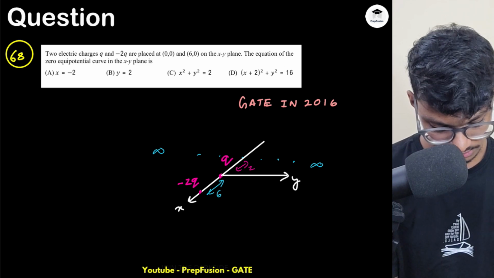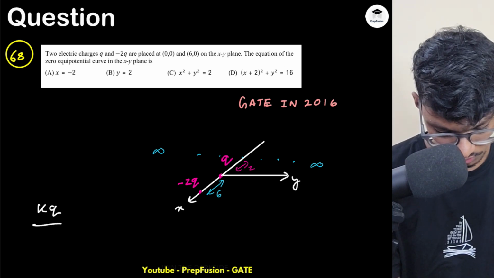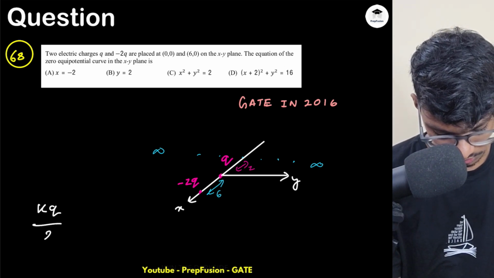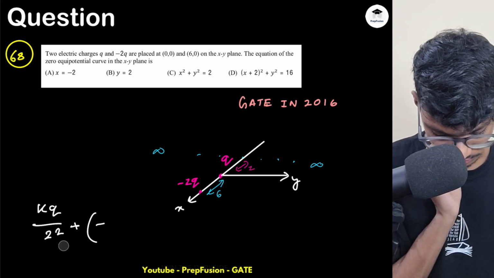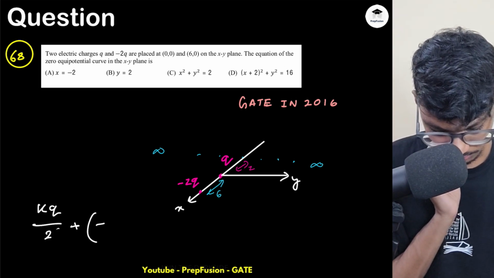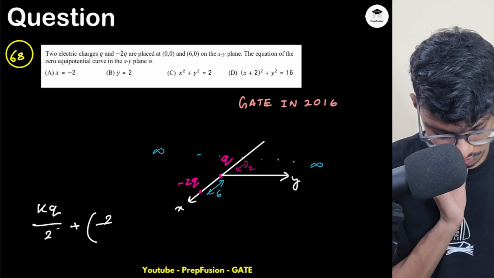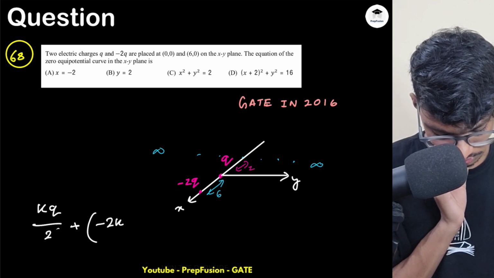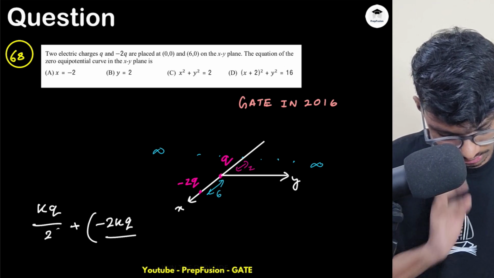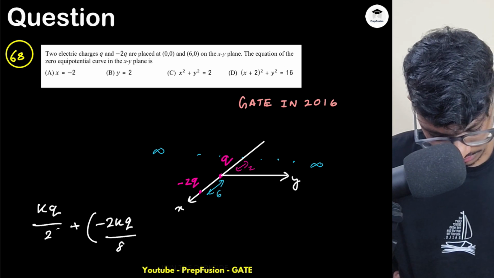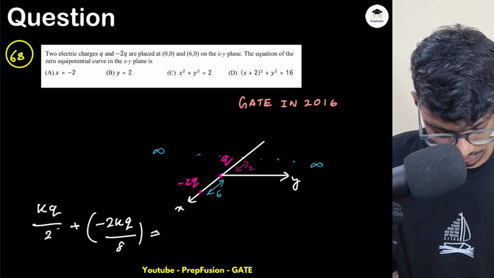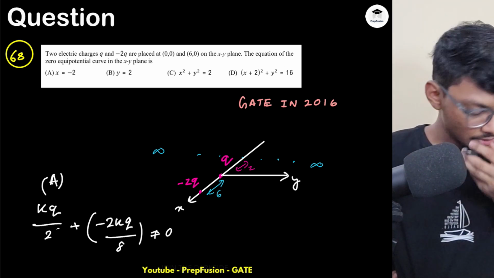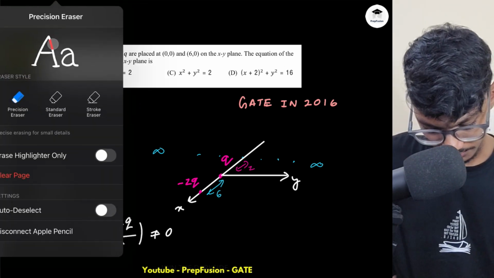So this will be simply KQ by 2 minus 2KQ by 8, which is KQ by 4, not equal to 0. So option A is gone.